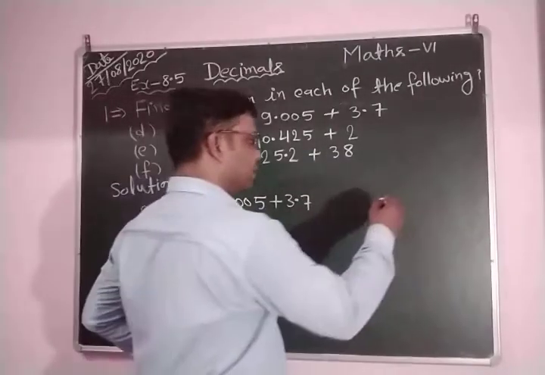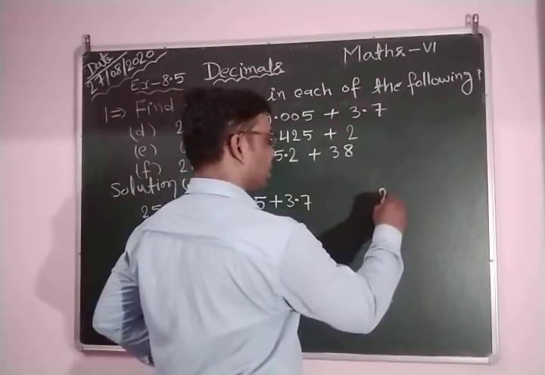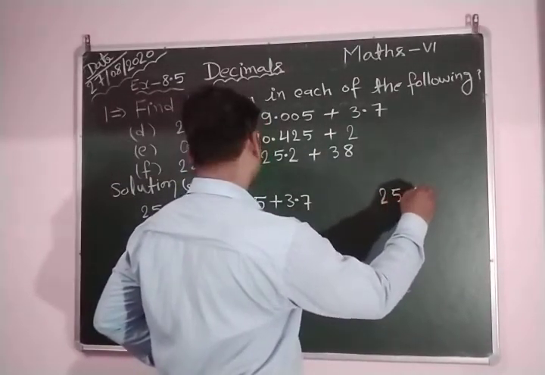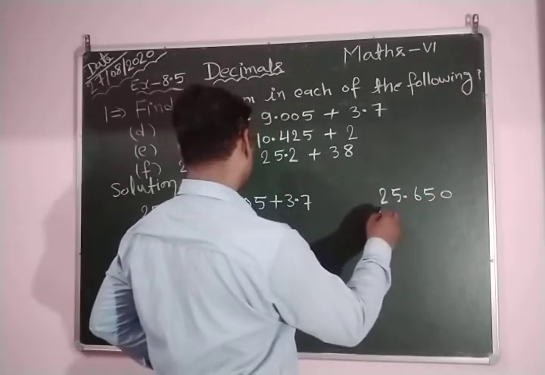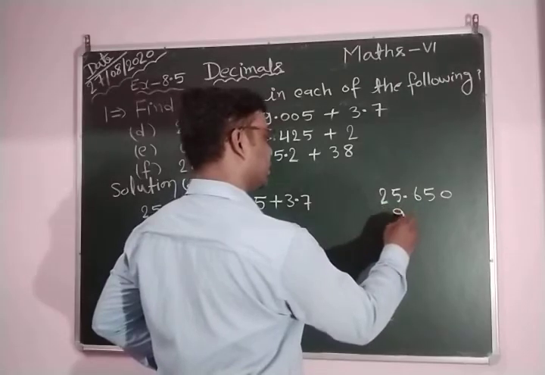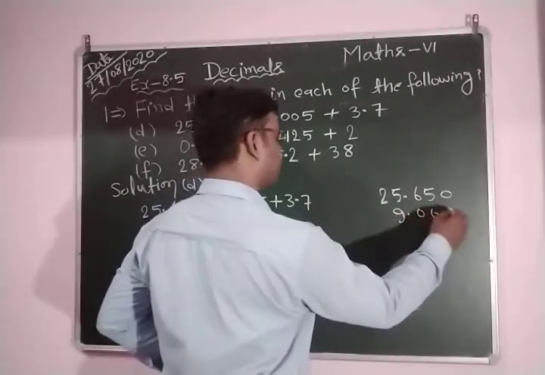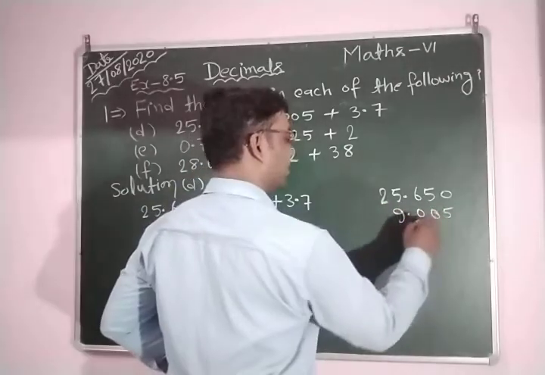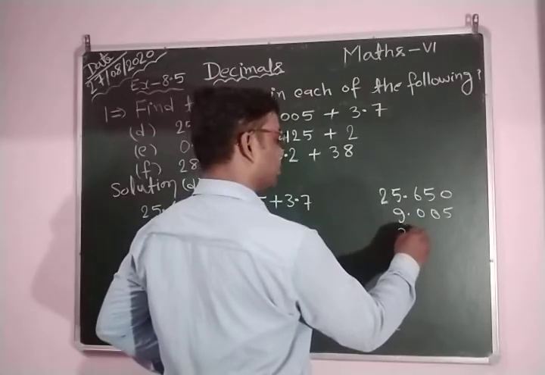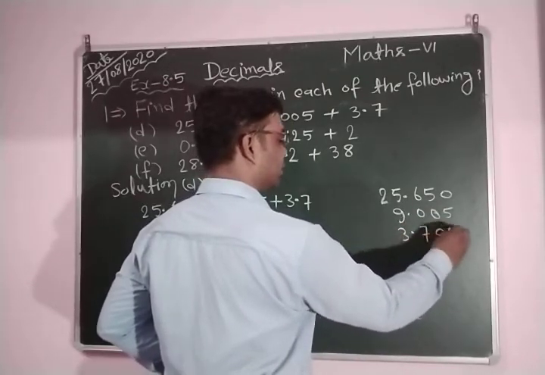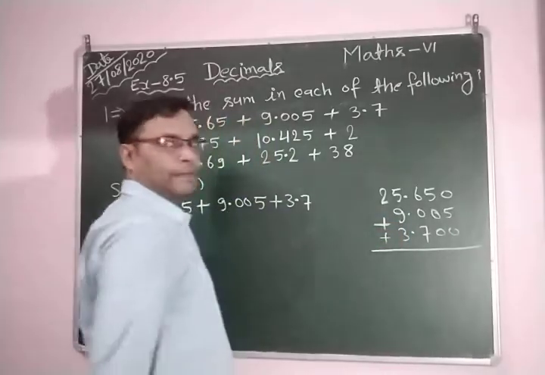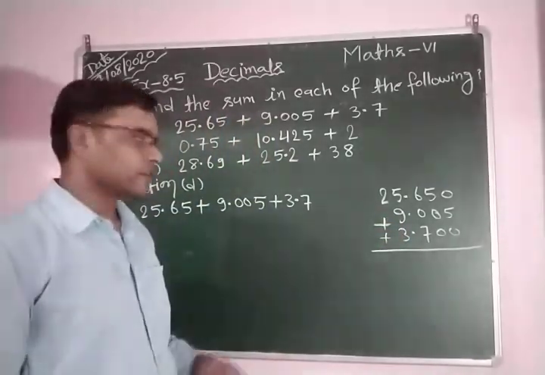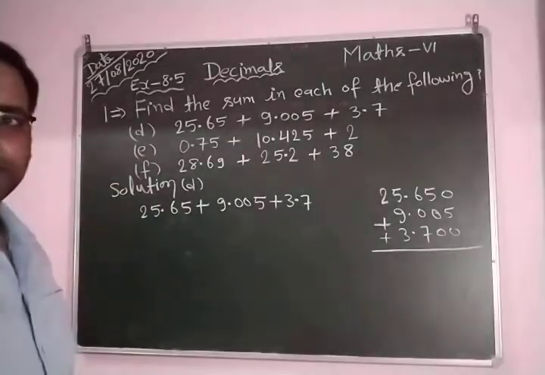So here you write 25.650 plus 9.005 plus 3.700, and we sum them.